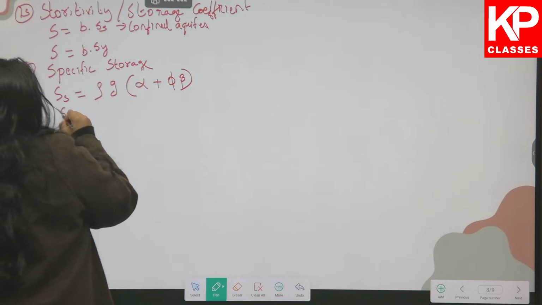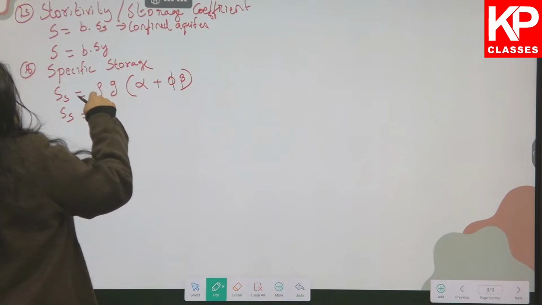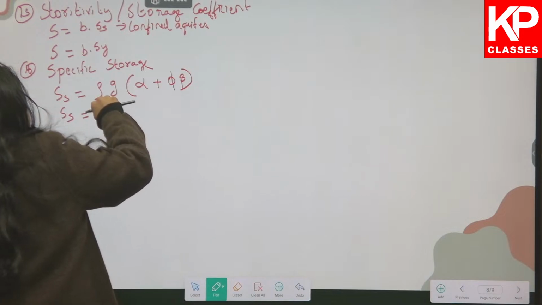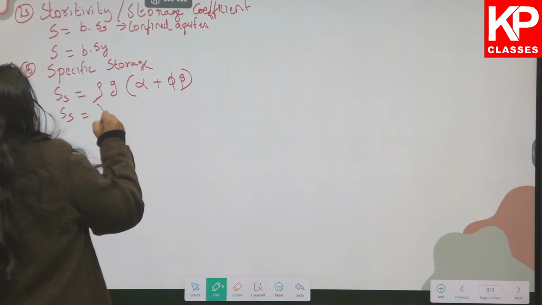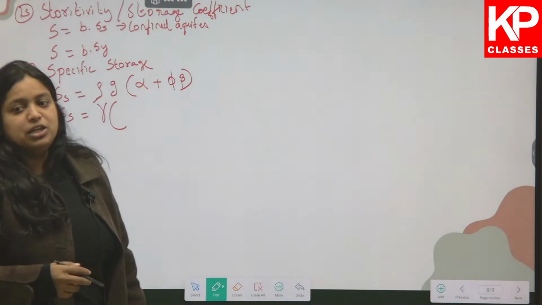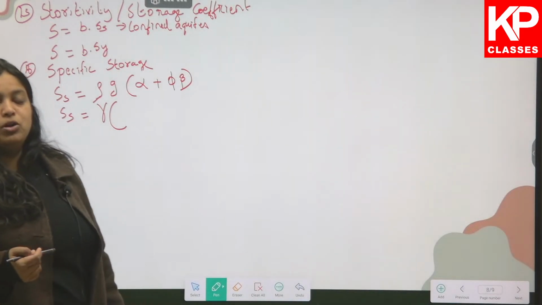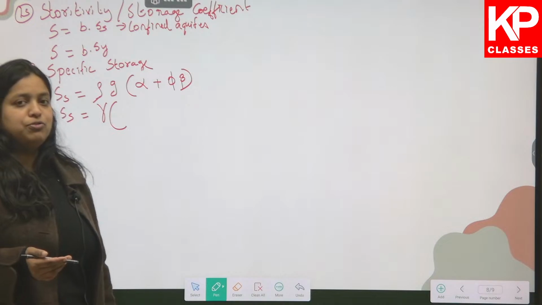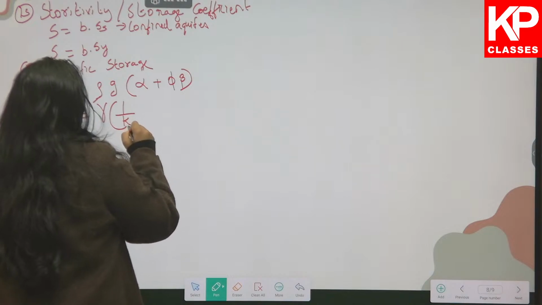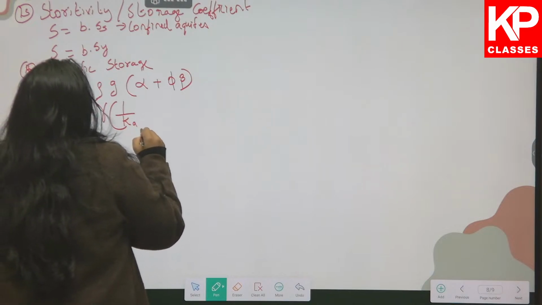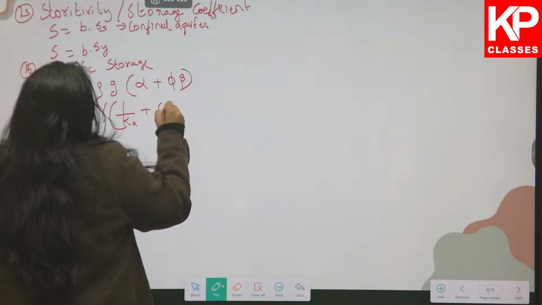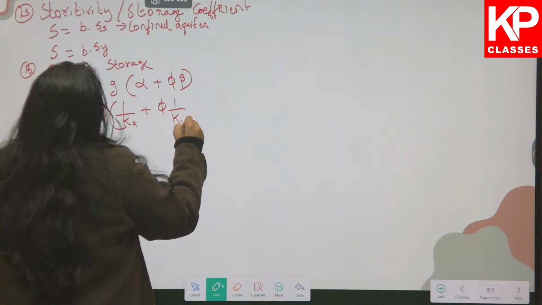So we can also write this as SS equals specific weight, density into acceleration due to gravity, which is notated by the letter gamma, into alpha, the aquifer compressibility. There is a relationship between compressibility and bulk modulus of elasticity: the inverse of bulk modulus of elasticity is compressibility. So I can rewrite it as 1 by the bulk modulus of elasticity of the aquifer particle plus porosity into 1 by the bulk modulus of water.